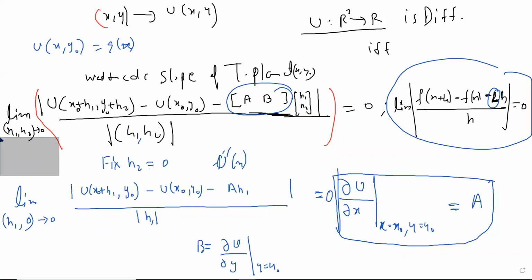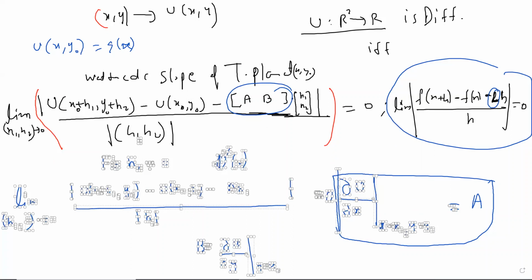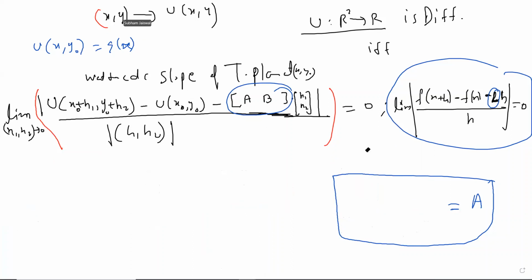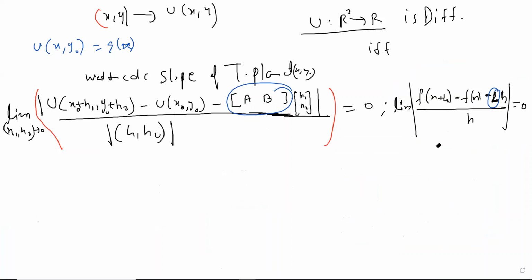Okay, so now I will remove this. But the hard part, and all this has to be done to understand complex analysis, the Cauchy-Riemann equations. This has to be done. There's no escape, or it has to be assumed completely.